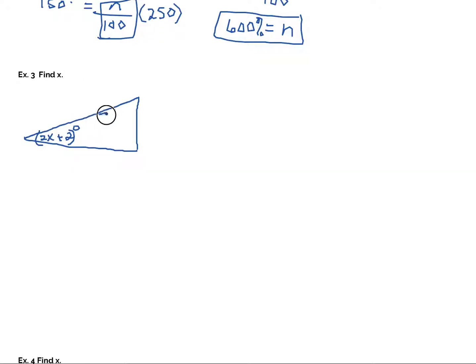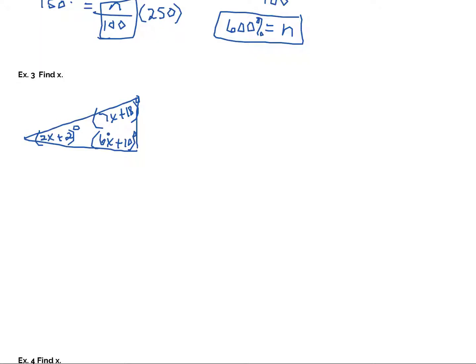This corner is 7x plus 18 degrees. And this one is 6x plus 10. And you should have your papers out that I handed you in class, and you can look at the better drawings on the paper because this one's really not accurate.